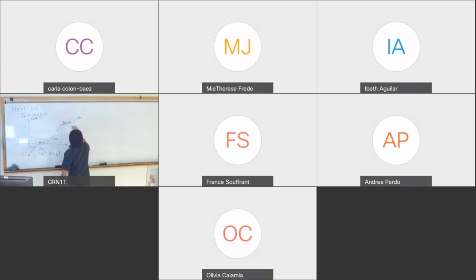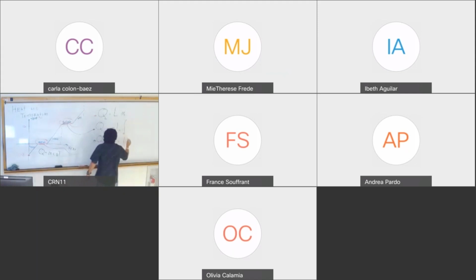So normally we call it Q_L, latent heat, equals L times the mass, where you can have latent heat of vaporization, which is boiling, which is the mass times L_V, or you can also have the latent heat of melting or fusion, which is m L_F.